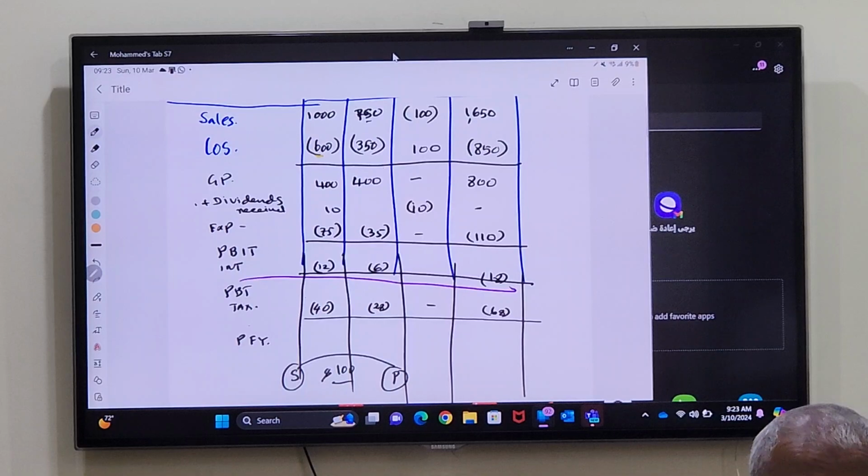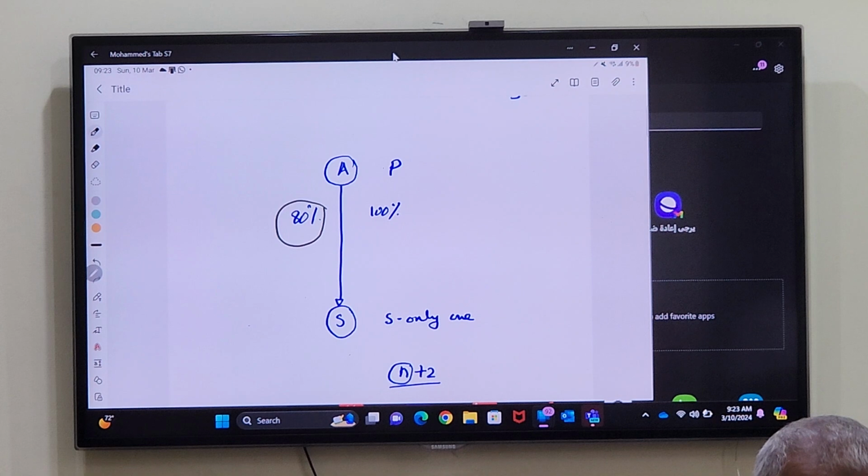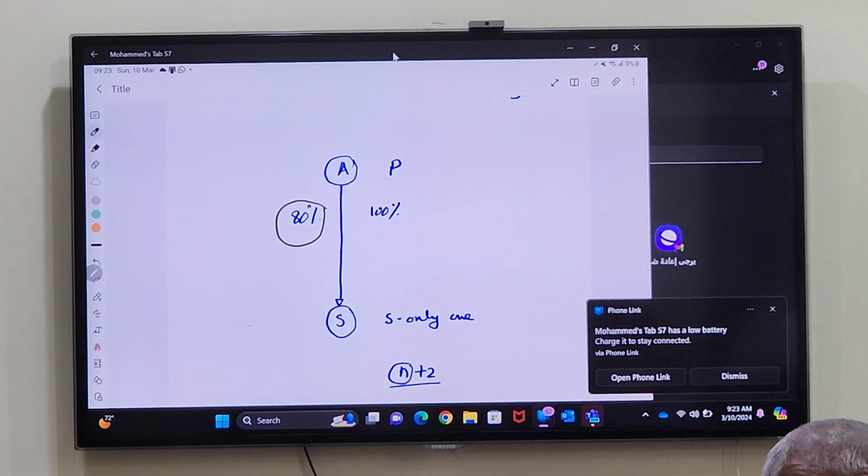Now at this point, suppose the parent has invested only 80%, then the 20% shareholders are also there. They need to enjoy the profits of the subsidiary.